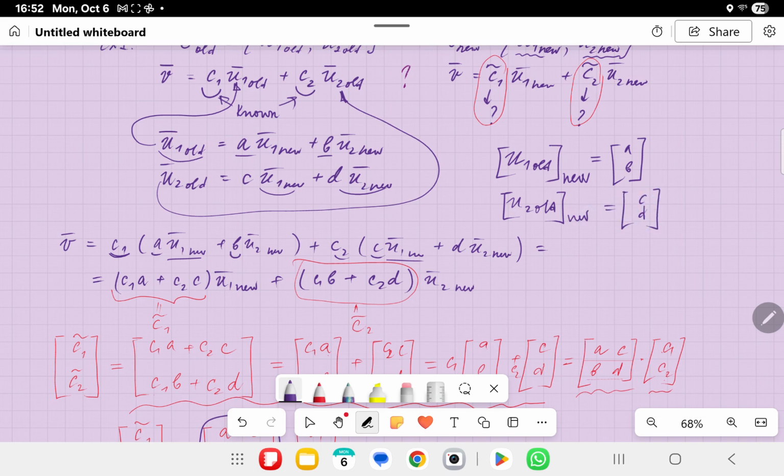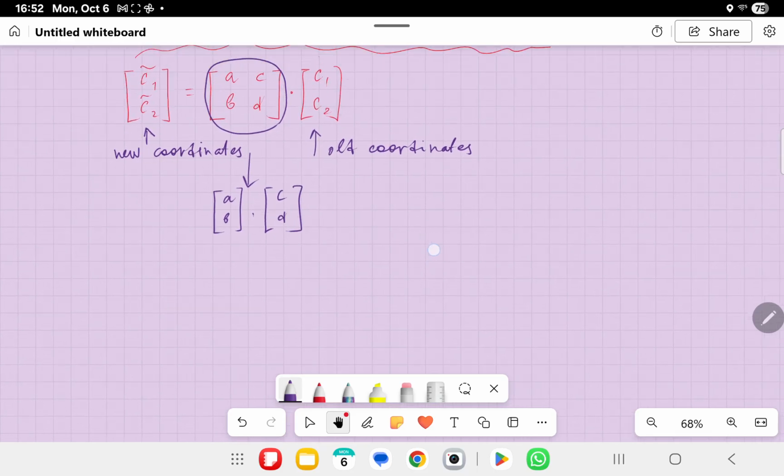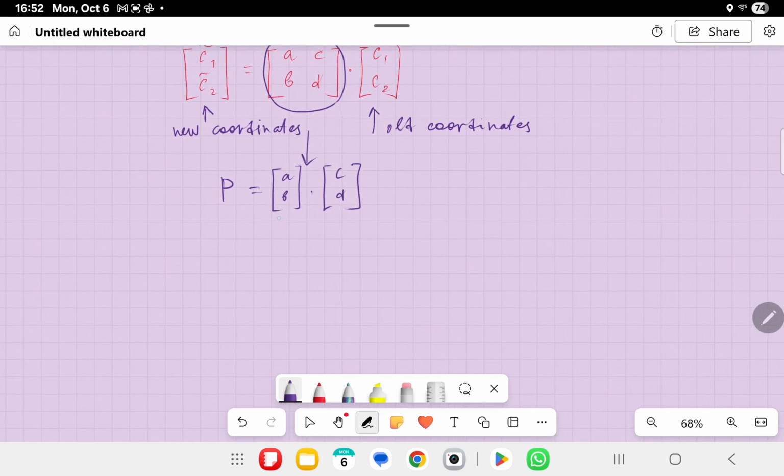So this is AB and this is CD, the first column and the second column of our matrix, which we use over here. We're going to call this a transformation matrix, and it's going to consist of the coordinates of old vectors in the new basis.